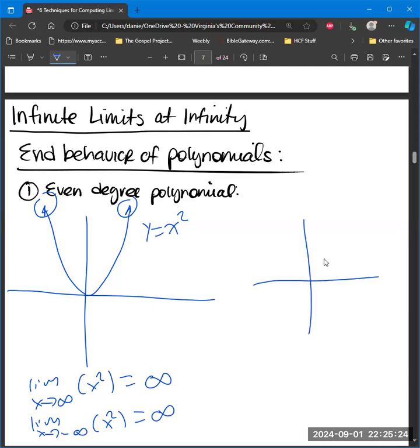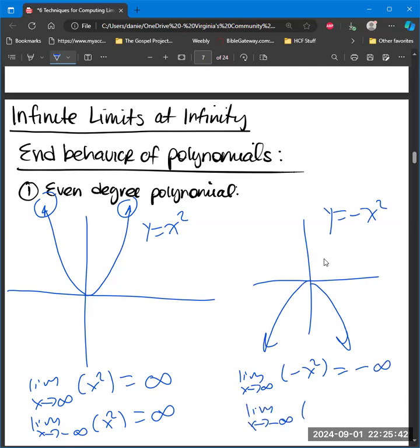If we have y equals negative x squared, the limit as x goes to infinity of negative x squared is equal to negative infinity, and the limit as x goes to negative infinity of negative x squared is also negative infinity.